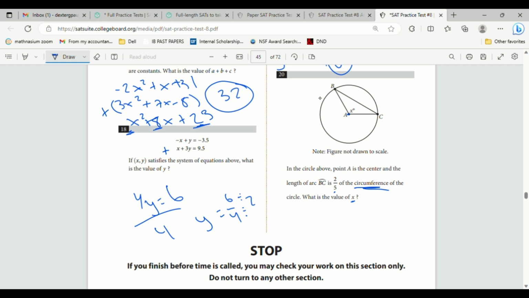So the circle has 360 degrees. Since this arc created by this angle is 2/5 of the circumference, then this angle is 2/5 of 360. So 360 times 2 divided by 5 is 720 divided by 5, or 144 degrees.